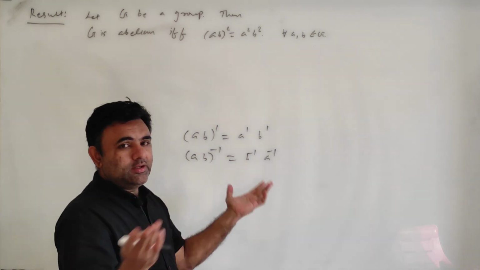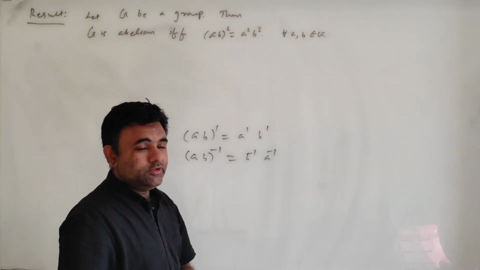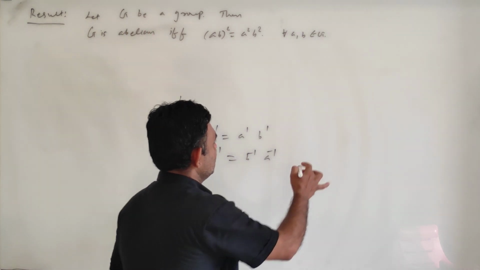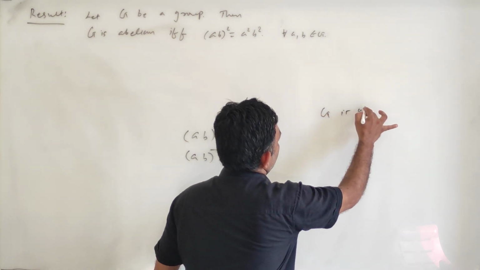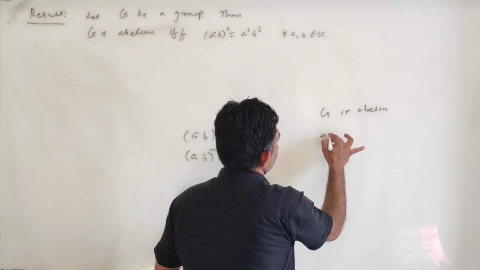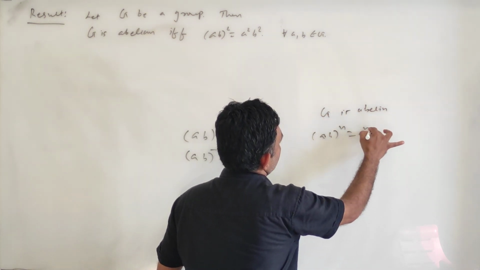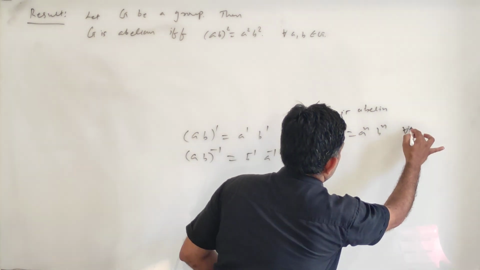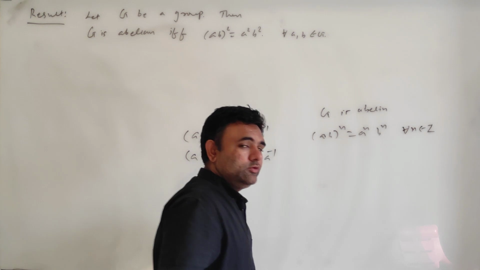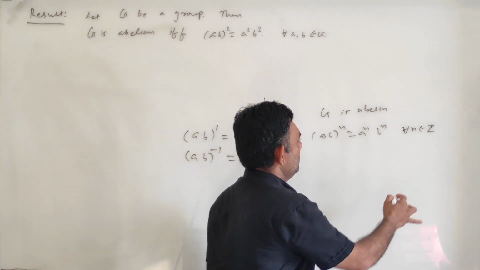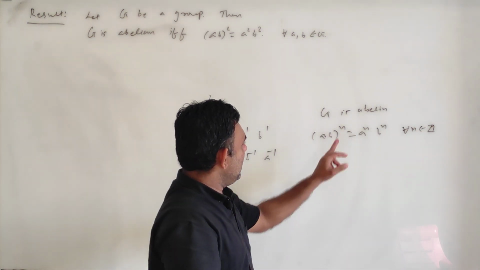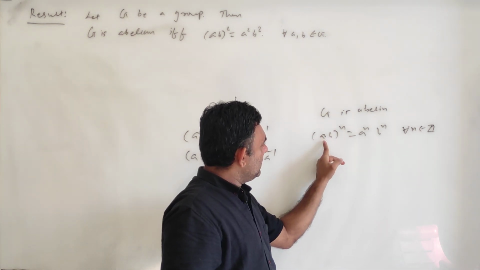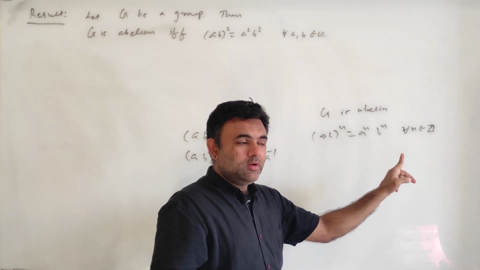If you have no condition on the group, you can distribute the minus 1 power like that. If G is abelian, then we have this result: AB raised to n is equal to A raised to n, B raised to n. We have proved this result, and this holds for all n belongs to Z. You consider any integer, then you can distribute the n power to both the elements in the same order.